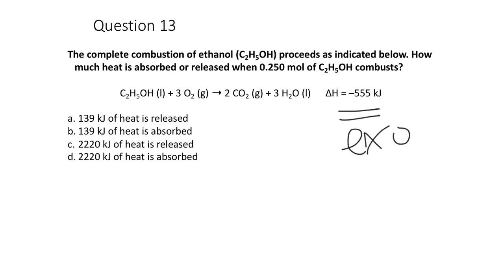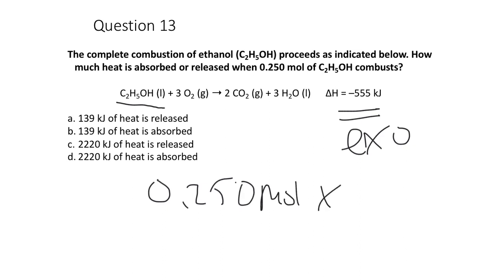Just looking at the balancing. So if I take a quarter mole here, one of the things I might say is if you took an entire mole of ethanol, you'd get 555 kilojoules of heat released from this reaction. This reaction is going to release heat. A quarter of a mole, the way we can write this out: mole of ethanol, it should go this way.